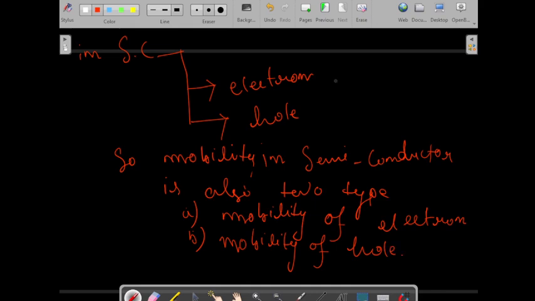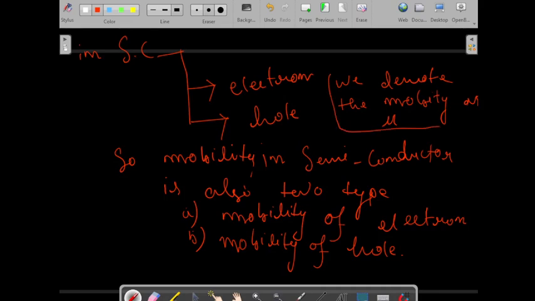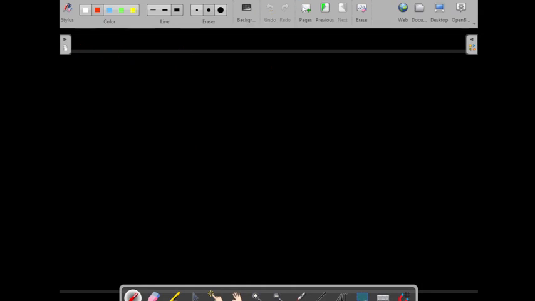We denote the mobility as mu. So the semiconductor has two types of mobility.